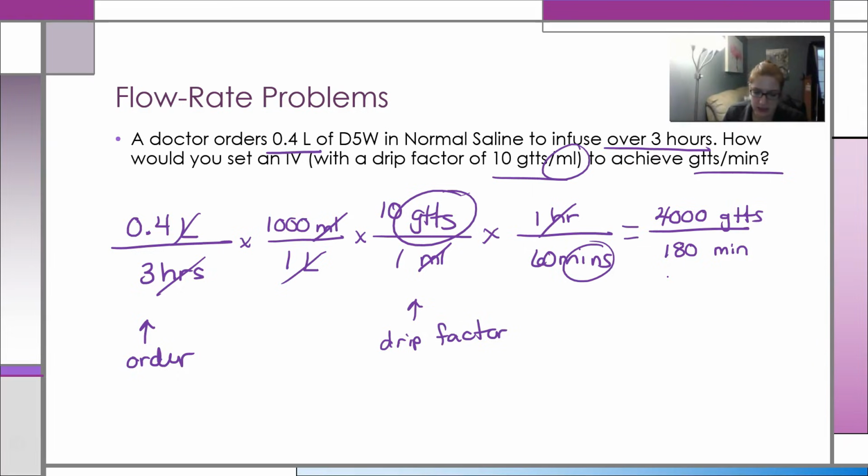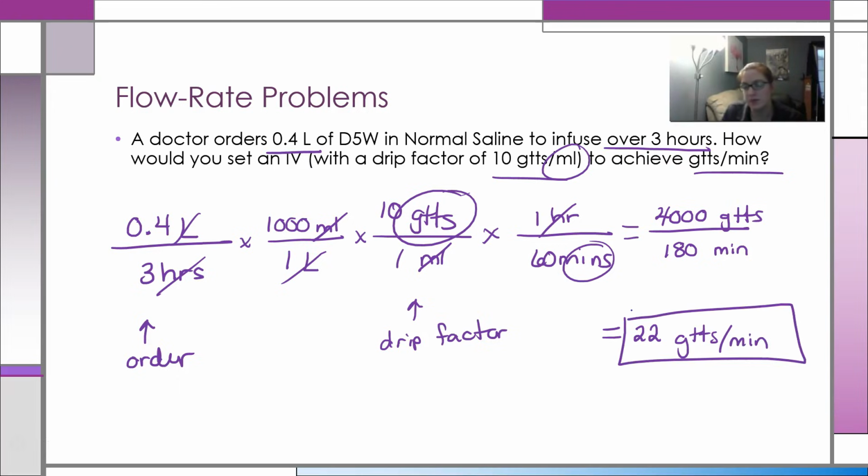Divide 4,000 divided by 180. Now I got 22.222222. We want to round that to the next whole number, which is 22. So the 2 falls off because it's not larger than 5, and we just have 22 drops per minute. Boom.